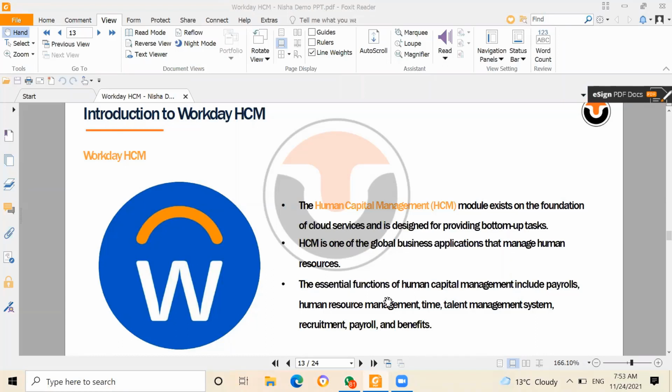Everything is important, however, normally if they are hiring someone, they say, do you have experience in HCM payroll? If they are asking about payroll, other things are already understood. Indirectly they stick to payroll configurations.